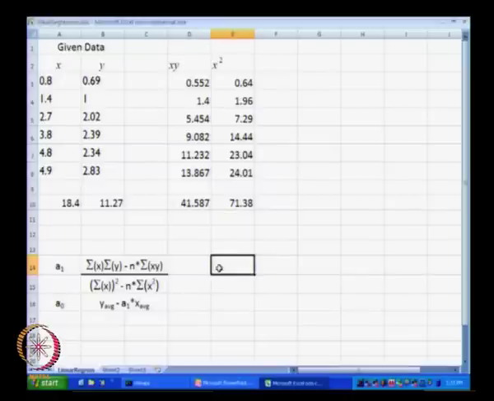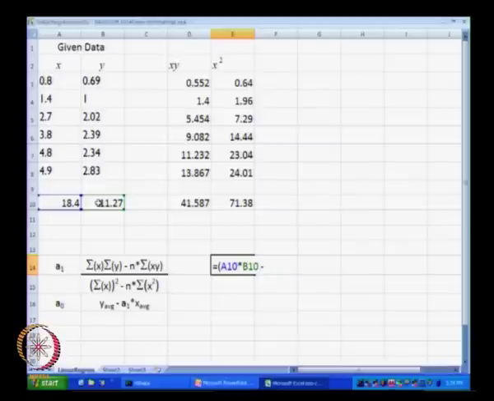So our value of A1 is going to be equal to, we will start the brackets for the numerator, summation of x multiplied by summation of y, okay, minus n.